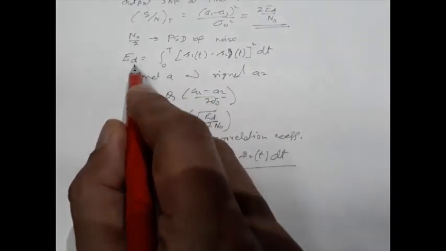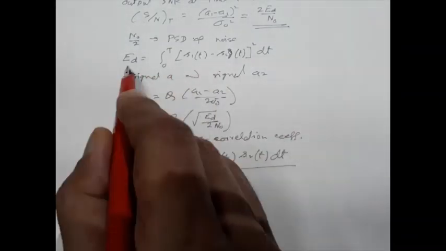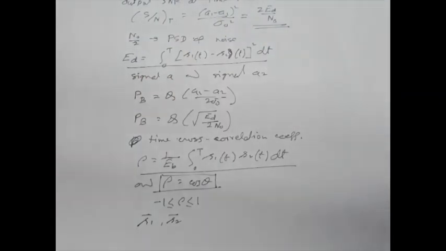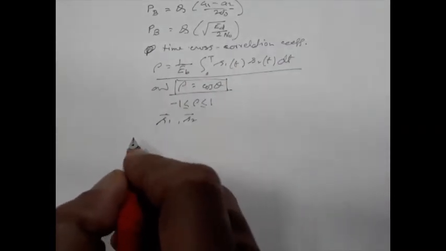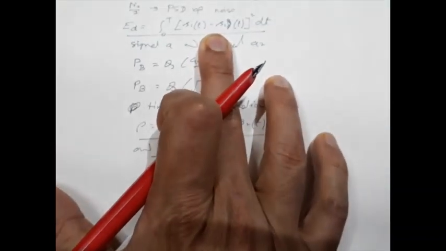Now let us again start with this equation. We expand that equation, and we want to write this expression of ED in terms of this cross correlation coefficient.